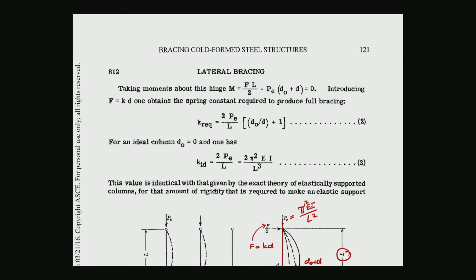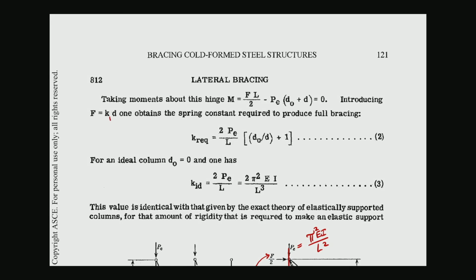And introducing F equals KD, as I mentioned already, one obtains the spring constant required to produce the full bracing, which turns out to be K required, because if you have the full bracing, your load P turns out to be PE. It is the maximum possible load to be carried by the column.